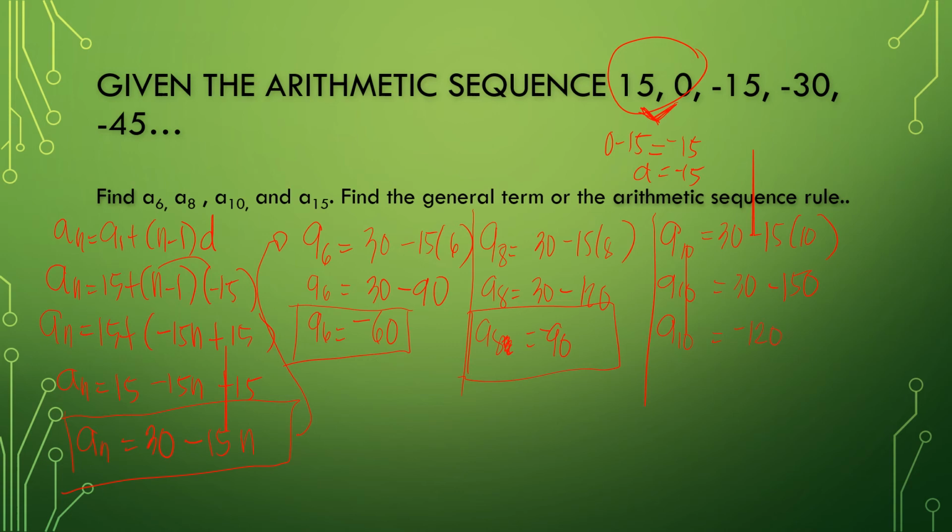For your 15th term, a sub 15 is equal to 30 minus 15 times 15. a sub 15 is equal to 30 minus 15 times 15, which is 225. Subtract 30 minus 225, that is equal to negative 195. So, this is now your 15th term.